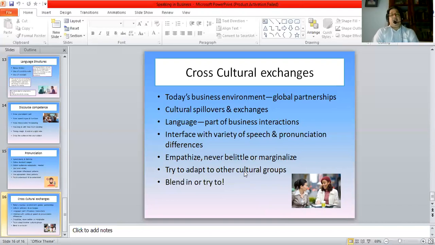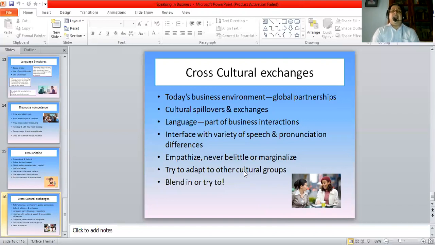So that's a very commonplace way of ending, but I'm sure you will agree with me that the modern day business context or the workplace context is becoming more and more multicultural.